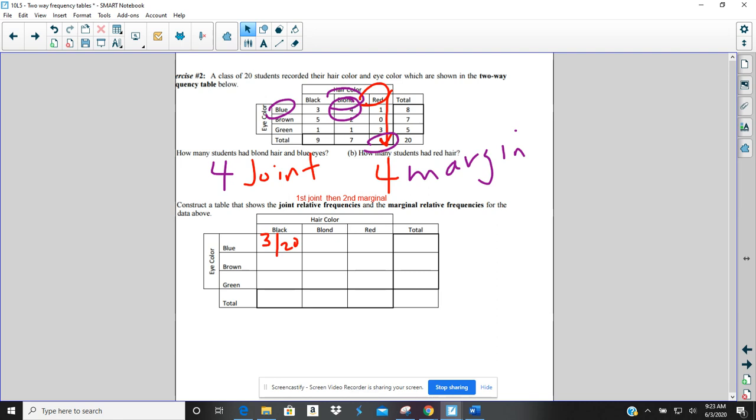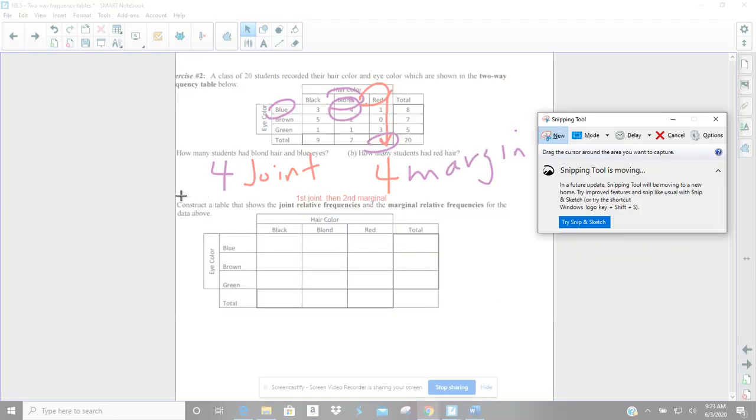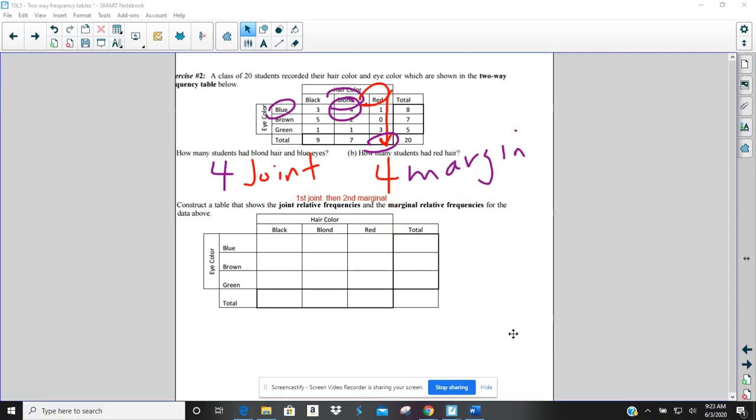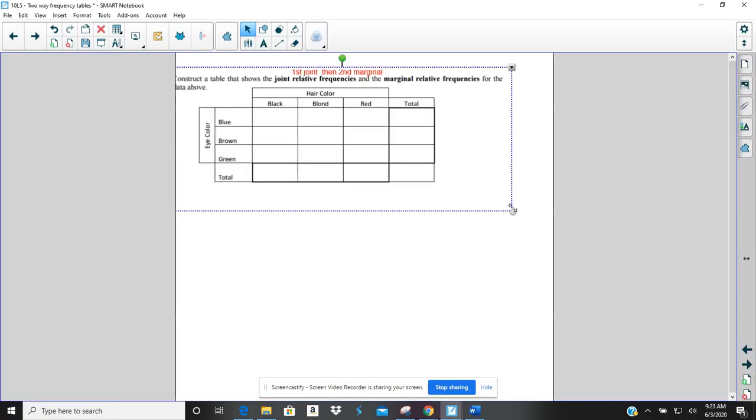Now I wish this was bigger, and maybe I do need to make it bigger. Why don't I do that right now? Because you guys have really small pens and I have a really fat finger, so I can't get it as tight as I want to. Give me 1 second, I'm going to try and make it bigger for you. It's a little bigger.